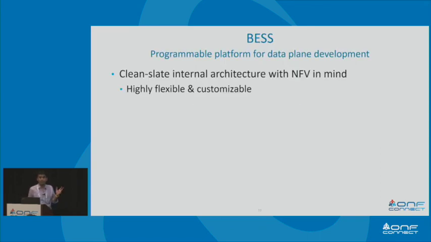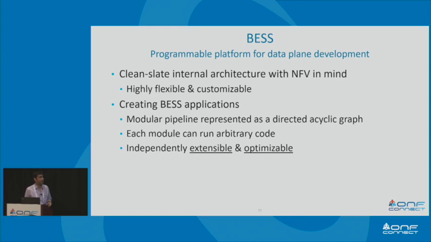So we decided to pick BESS, which stands for Berkeley Extensible Software Switch, which has these useful features. It has a completely clean slate internal architecture with NFV in mind. It's highly flexible and customizable. The idea is that the SP Gateway user plane can be broken down into submodules, and these submodules can be linked up in a chain representing a directed acyclic graph in a BESS application.